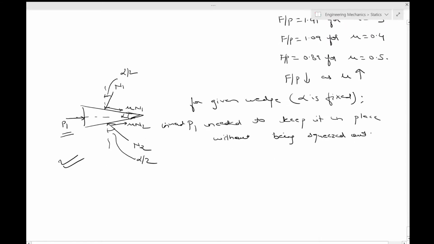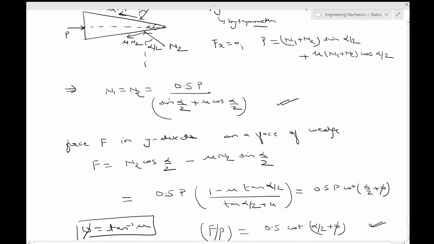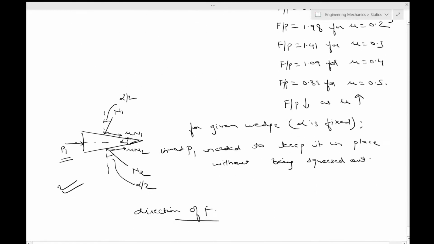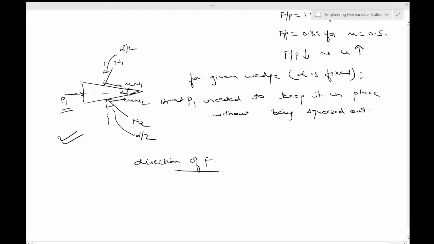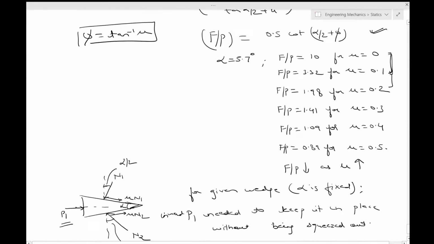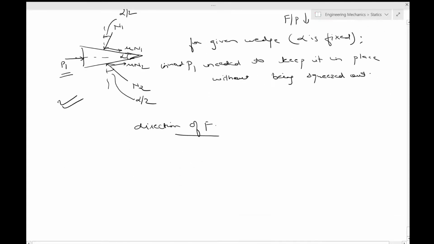So the direction of F, which, if you recall, is this force F in the y direction on a face of the wedge, gets reversed, and the friction will act on the opposite side. So mu in this expression can be replaced by minus mu.